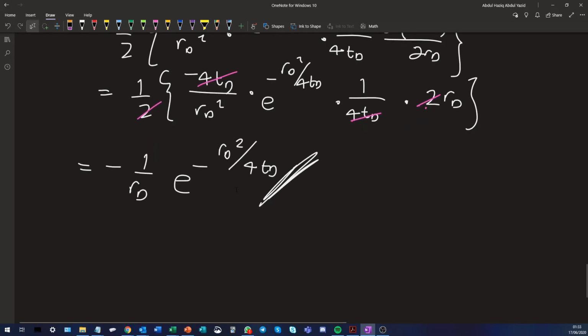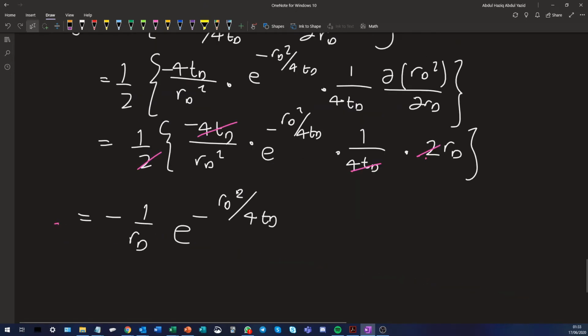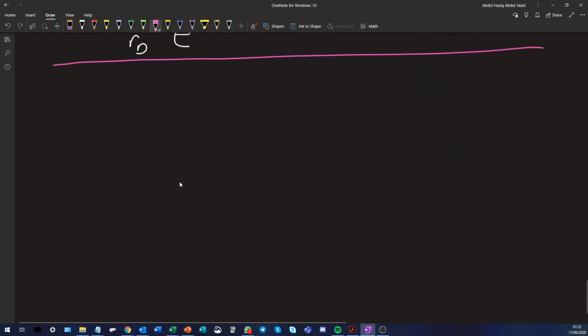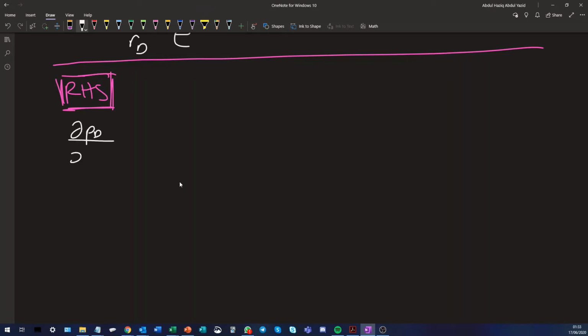Okay, now let's move on to the right hand side. I'll change this to pink just for, oh, it's a really badly drawn line. Okay, so now we're doing the right hand side. Okay, so for the right hand side, what do we have? We have ∂p_D over ∂t_D.